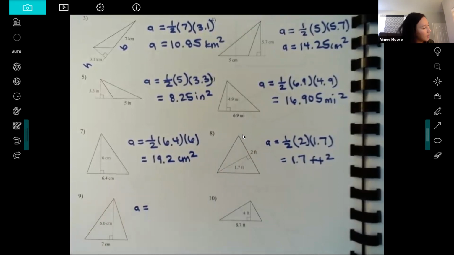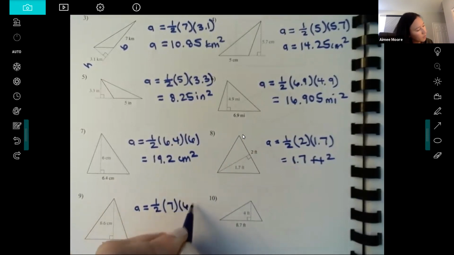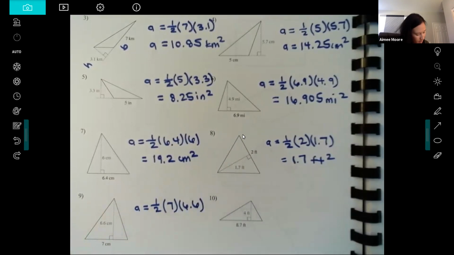Number 9, the area is 1/2 of our base, which is 7, times our height, which is 6.6. So that's 3.5 times 6.6, which is 23.1 centimeters squared.